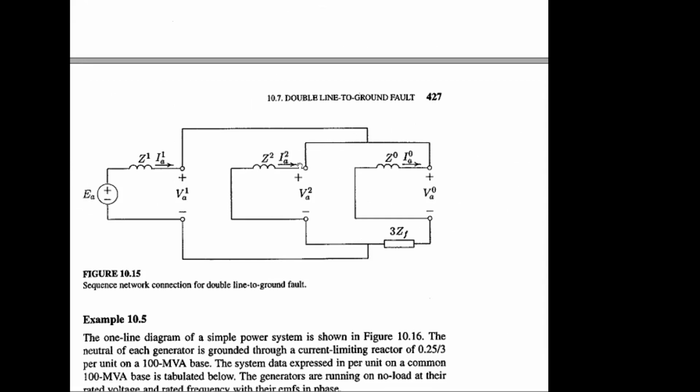ZF, Z0, Z2, Z1, three impedances are there, but the circuit configuration is for the double line to ground fault. That is not similar to the single line or double line scenario. It is the double line to ground fault equivalent circuit.